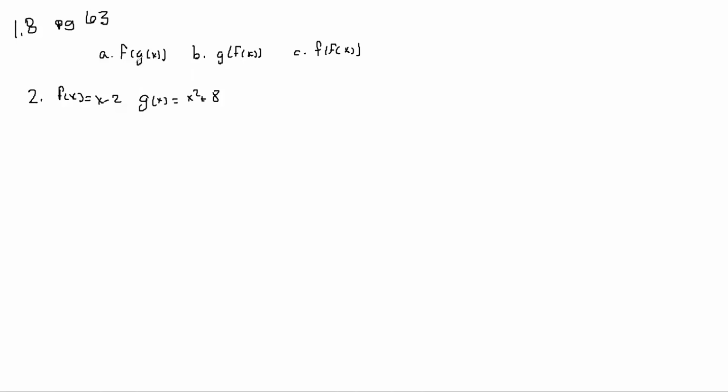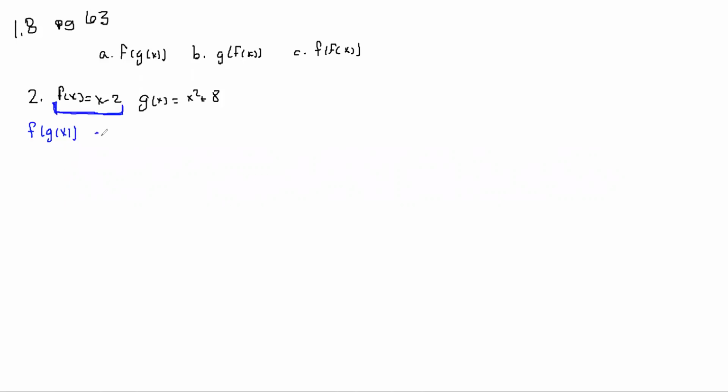So when I'm trying to find f of g of x, what is my first step? First, I write down what the f of x is so I know where I'm going to plug g in. So here's my f of x. Then where the x is in x minus 2, I'm going to substitute x squared plus 8, minus 2.